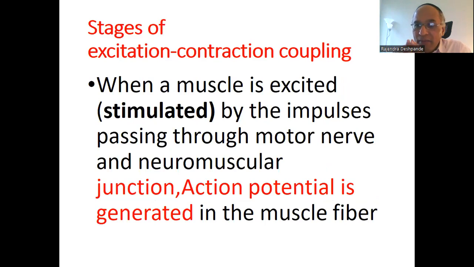When a muscle is stimulated or excited, the impulse coming from the brain comes through the motor nerve to the neuromuscular junction. Some words are very important: neuromuscular junction, the connection of the nerve and the muscle. Then an action potential is generated.